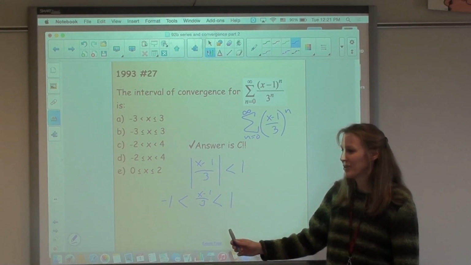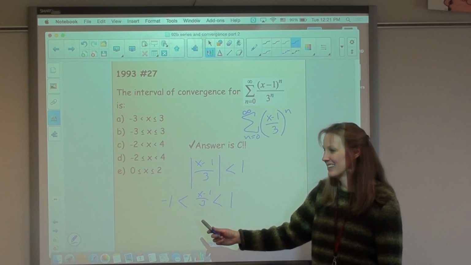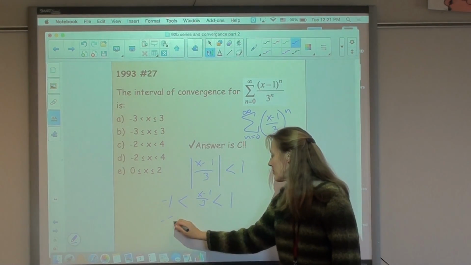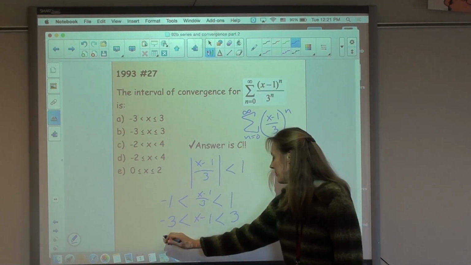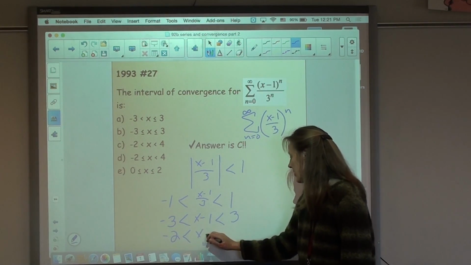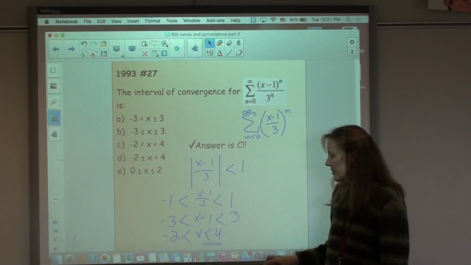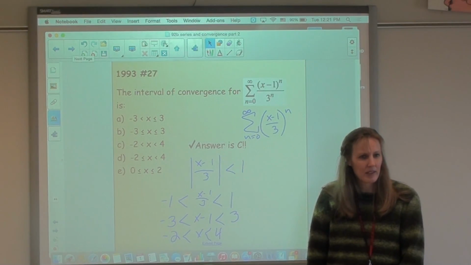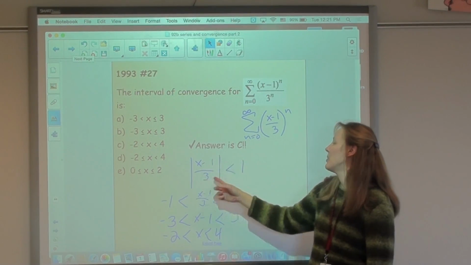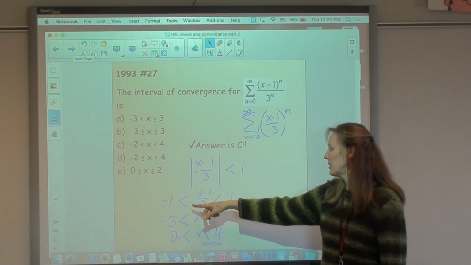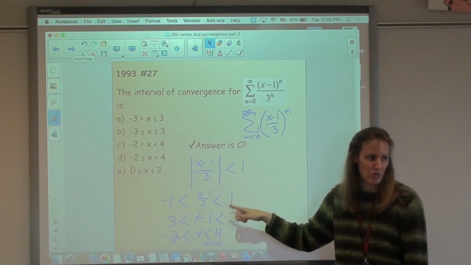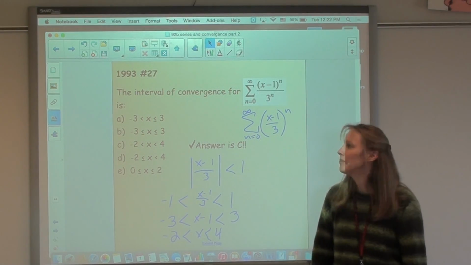Multiply by 3, and then add 1. Be in the habit, when you have linear less than 1, of just jumping right to negative 1 less than that less than 1, and then just do the algebra from there.